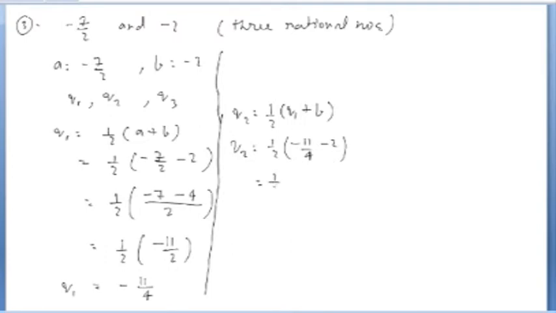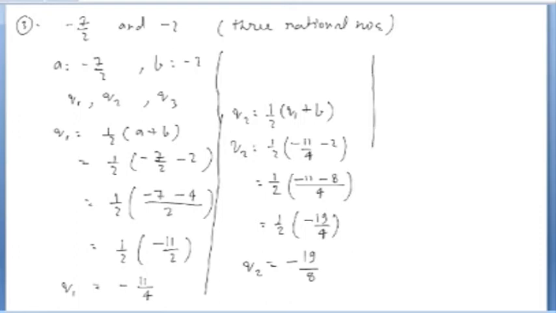Solve this. 1 by 2, LCM 4, so 1 by 2 times minus 19 by 4, which is minus 19 by 8. This is our q2. In the same way, find q3.